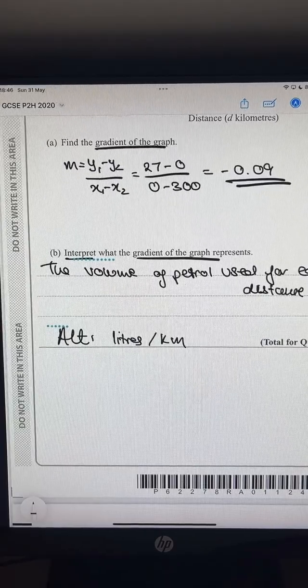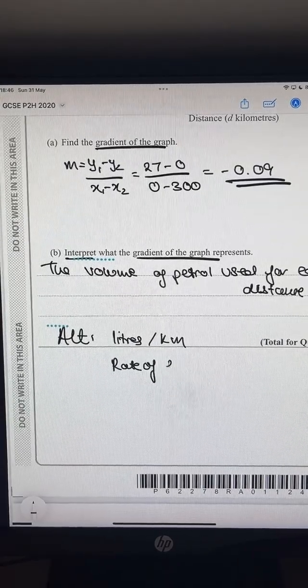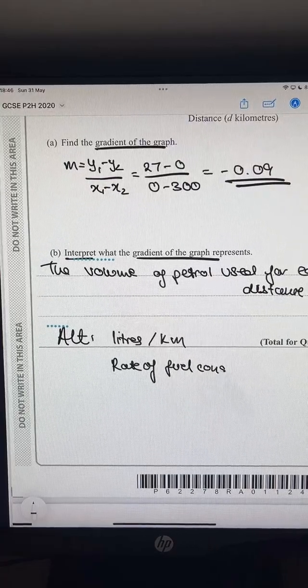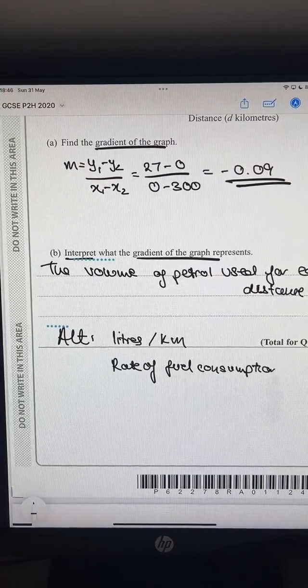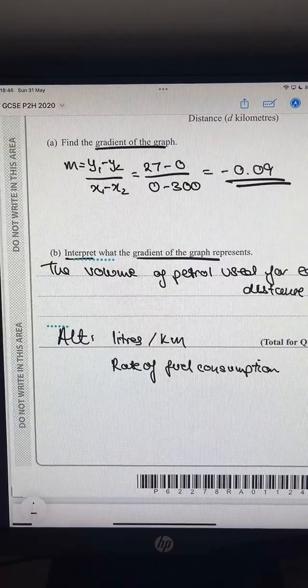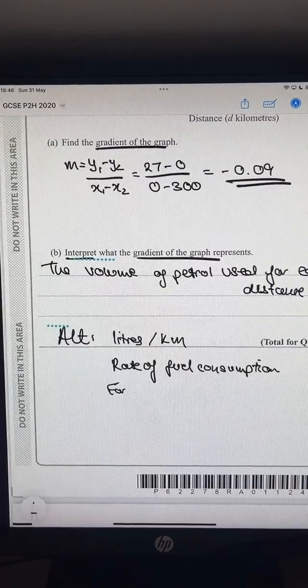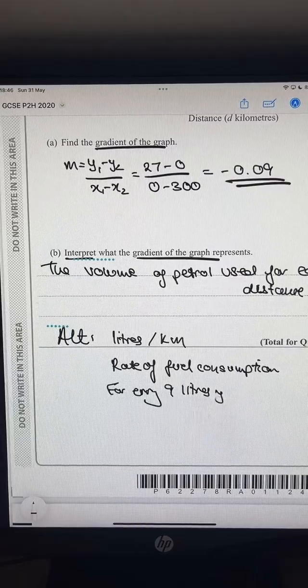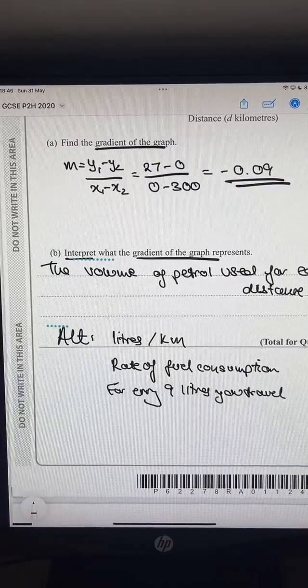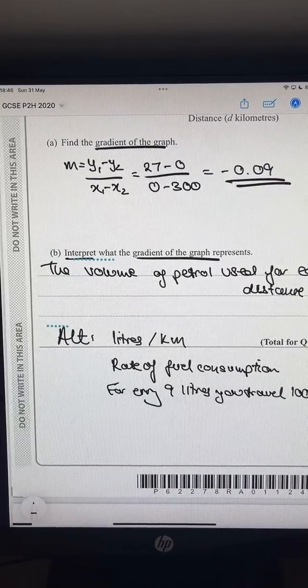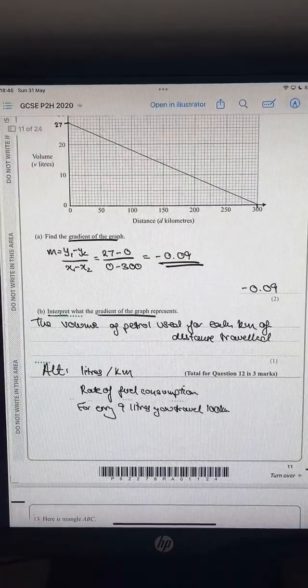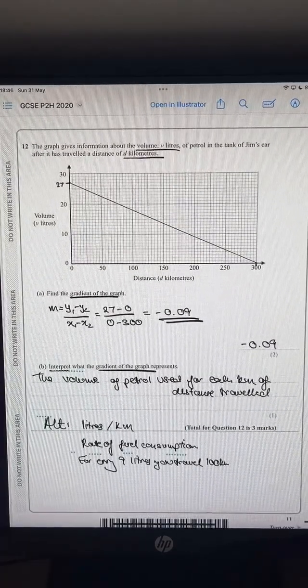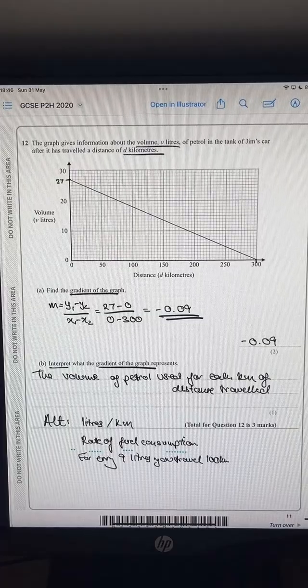And then you could also say rate of fuel consumption. I think that's similar to what someone said before we started the question. Or you could say for every 9 liters, you travel 100 kilometers. Like you can put it into words. But yeah, in my opinion, my version is the safest, and that's like the default answer for something y for each something x. That's how you'd interpret it.